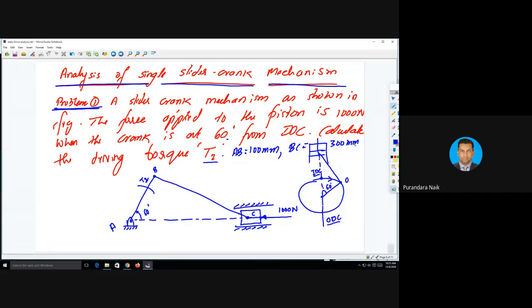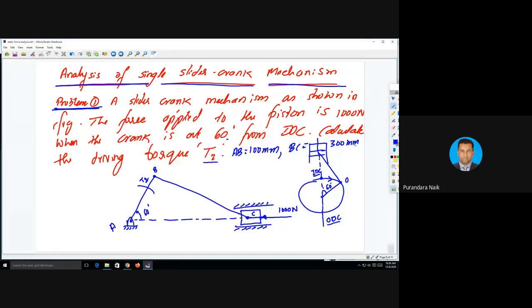You need to draw with a scale and pencil. If you do a freehand sketch, it is not acceptable, and I'll mark absent for all the classes. I am going to create an assignment every day, for each and every problem. You need to upload the scanned copy of the problem I have solved in the class.